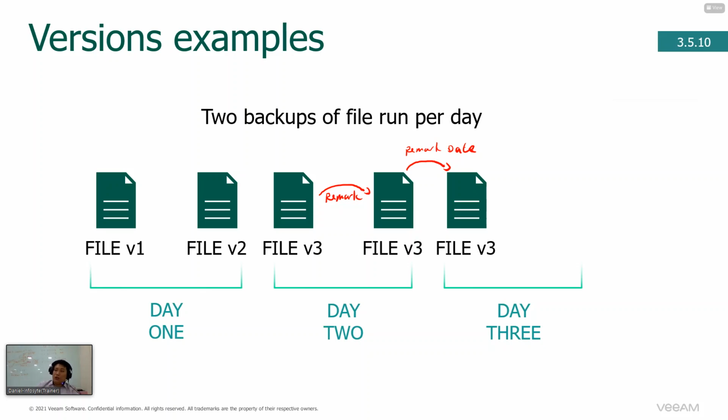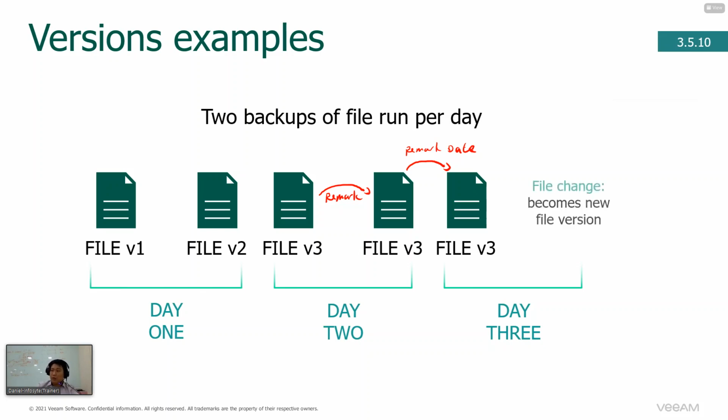After the retention point kicks in, maybe file version 1 and 2 will be deleted, considered older data, but file version 3 will remain because it is considered the latest data and also day 2 data. Do you see the difference there? So this is how they keep track and keep updating your backup data in your repository.